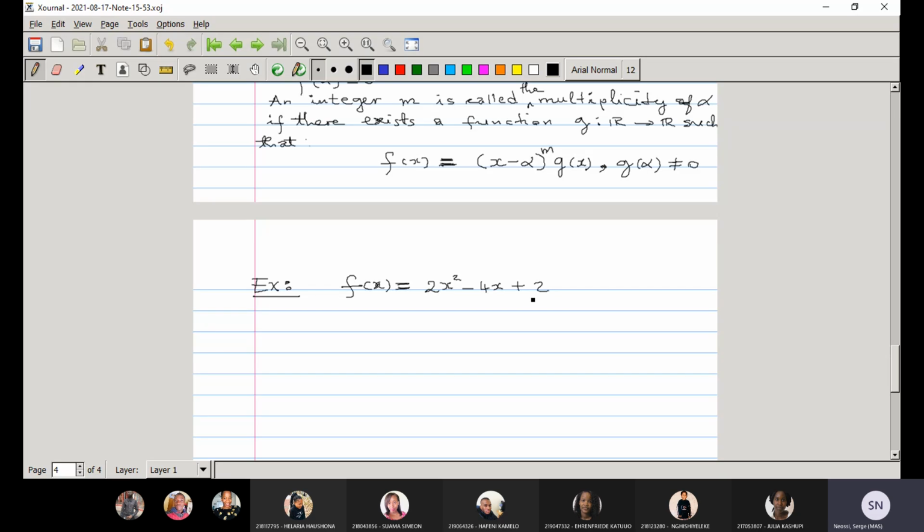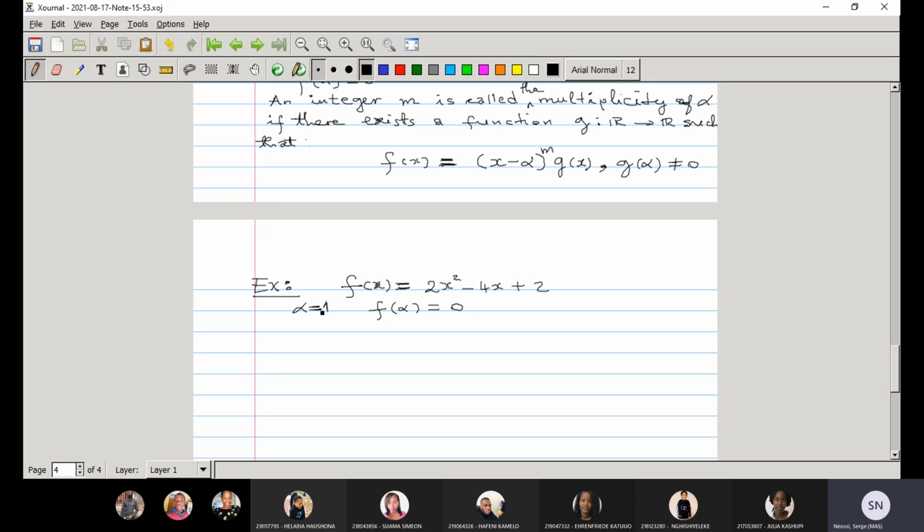Oh no, let's say plus 2 even. Right. So this, I know that if I put 1 here, 1 there, it gives me 0. So I can say that f of alpha, in fact alpha is 1, f of 1 is 0.